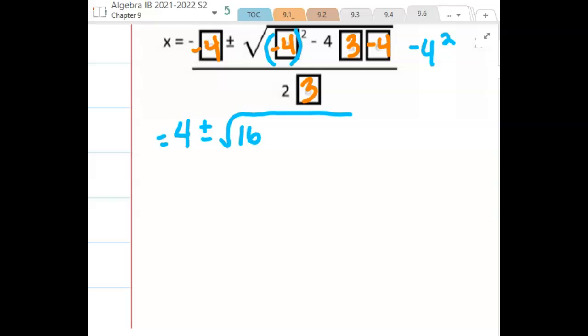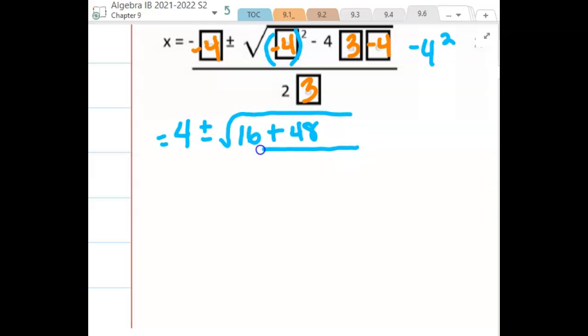So I have a negative, a positive, and a negative. When I multiply a negative, positive, and another negative, what kind of sign is that going to be? A positive, right? Those two negatives are going to come together and give me a positive answer. That's so important that we can figure out that sign correctly. And then go ahead and multiply the numbers. Once you figure out the sign, 4 times 3 is 12. 12 times 4 is 48.